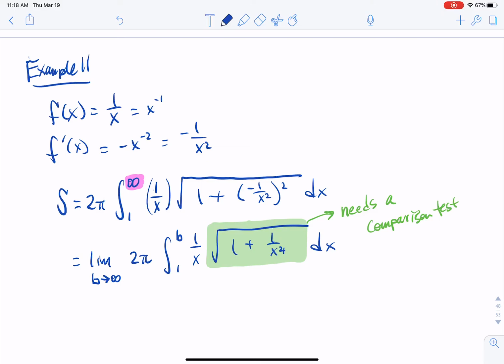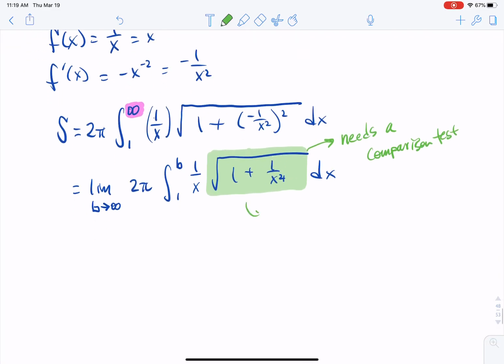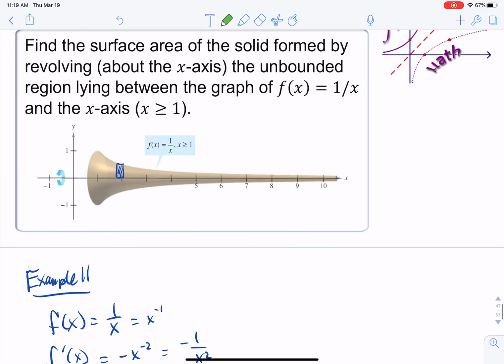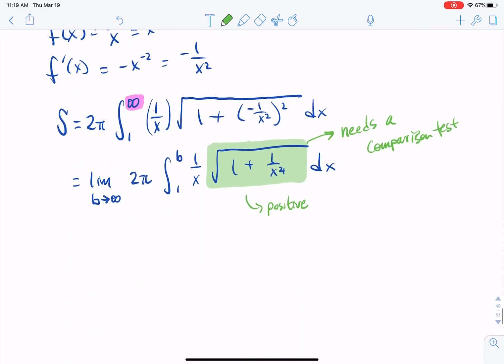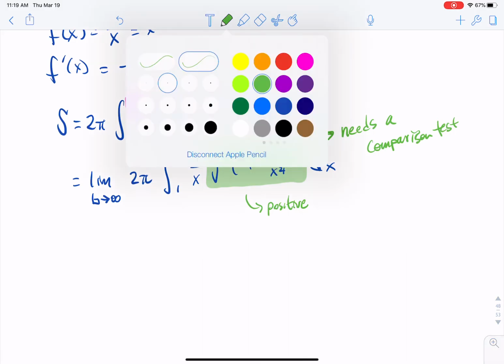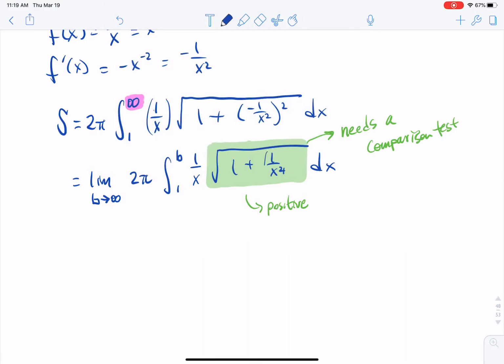All right, so let's think about this value for a second. First of all, I'm taking a square root, so I know that it's going to be positive, right? I'm taking the square root of something that is positive. Not only is it positive, think about the x value. It's starting at 1 and getting bigger and bigger. So what happens to this value right here as x gets bigger and bigger?